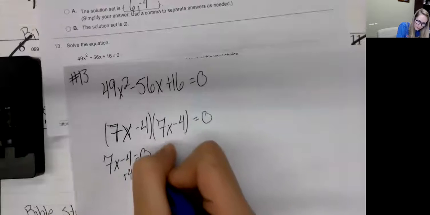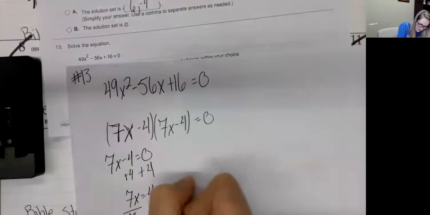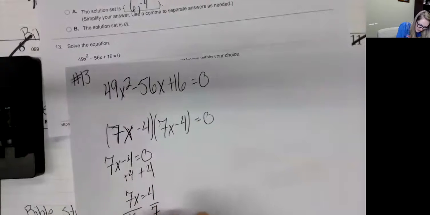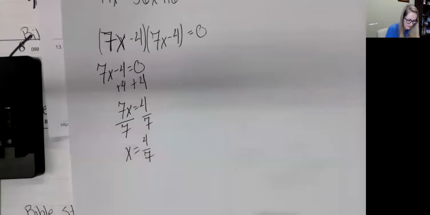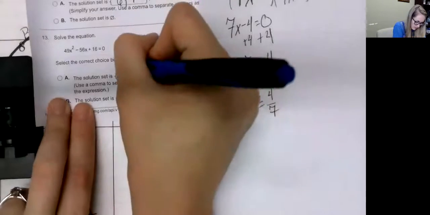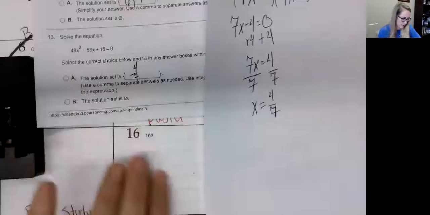I'd add my 4 and have 7x equals 4. Then I divide by my 7 and get x equals 4 sevenths. That's really ugly.